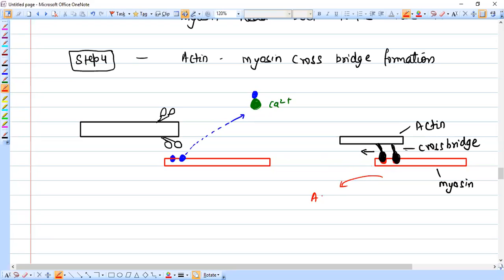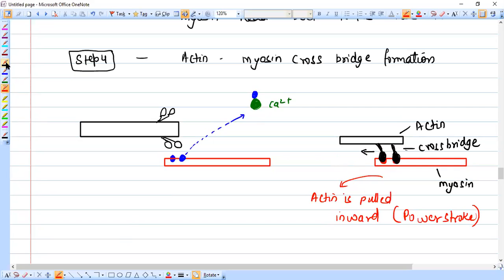So now the actin is pulled inward, and once it is pulled inward, there will be a recovery stroke. See, this pulling is basically because of the power stroke, where the ATP gets hydrolyzed and broken down. The power stroke will result in pulling it towards inside.